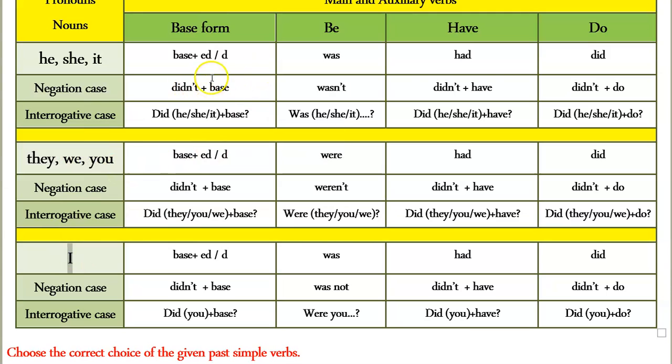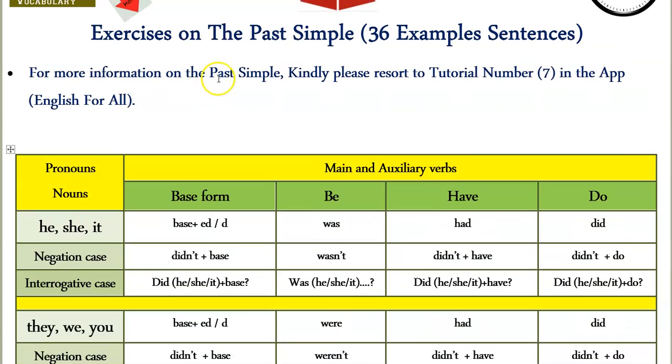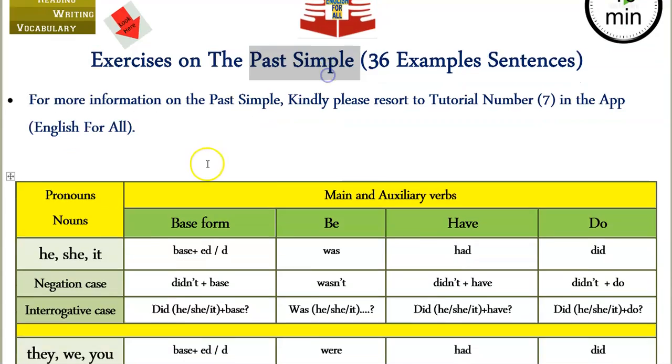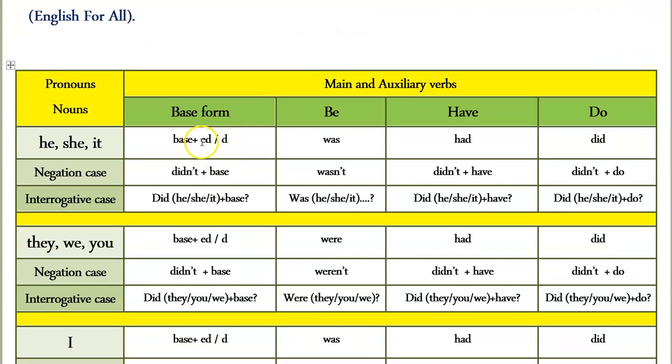Now let's start with the base form, and as a reminder, because I'm relating to the past simple, this base form either comes with an ed or d, which is regular, or it could be irregular, as you know. We've discussed this a long time ago in previous tutorials.